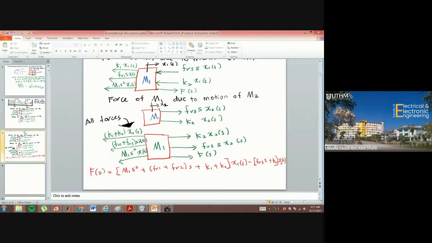Okay, see this one? Fs equals M1 times S square plus FV1 plus FV2 or FV3, this one?